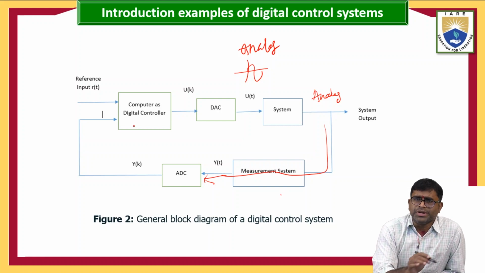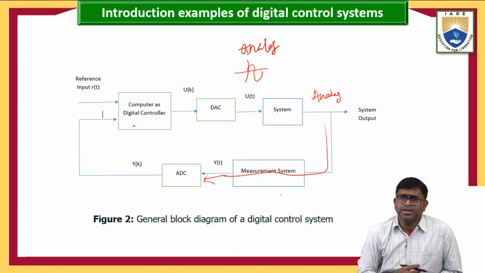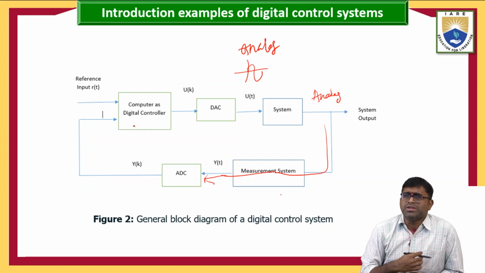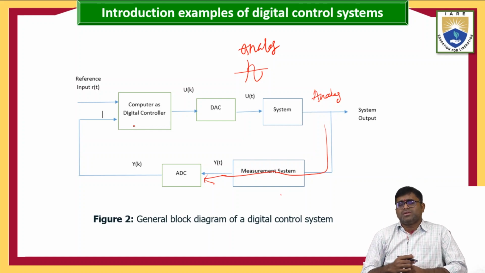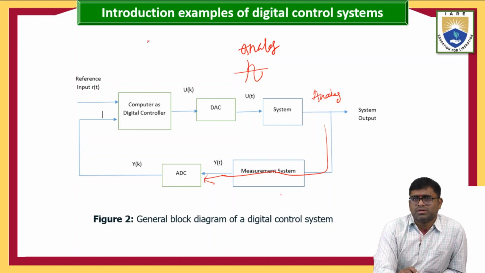So, coming to the computer, which type of input does it take? Digital form, and the output is also digital. That's why we are using two types of converters for the controller block, one is DAC and one is ADC.